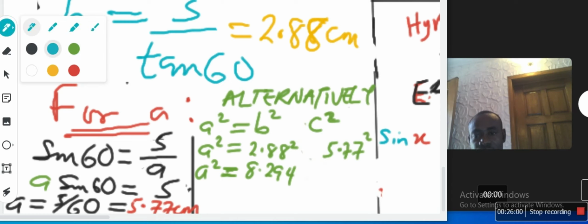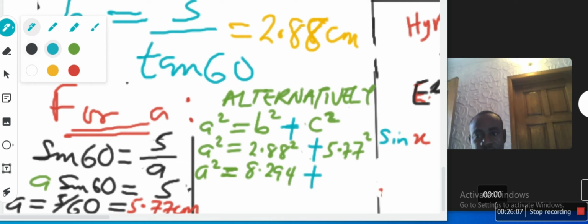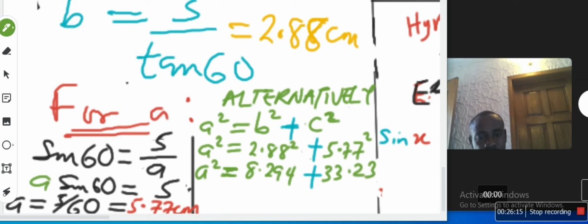Let me copy it. 33.23. You know you're going to add them together, right? Sorry, 33.29. We would have made a mistake from there, so it will be an approximation. Add them together. A squared is what?